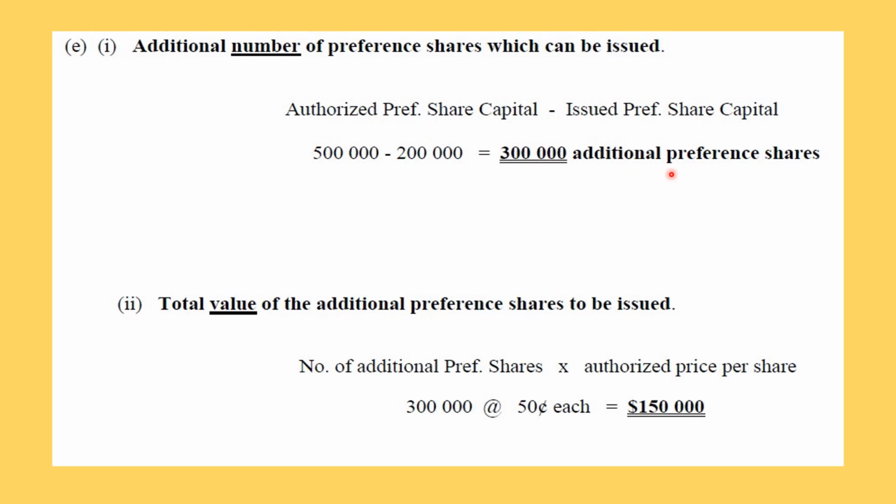And the second part of the question asks for the total value of the additional preference shares to be issued. So we take the 300,000 from here and we multiply it by the authorized price per share or the par value per share. 300,000 at 50 cents each gives us $150,000.